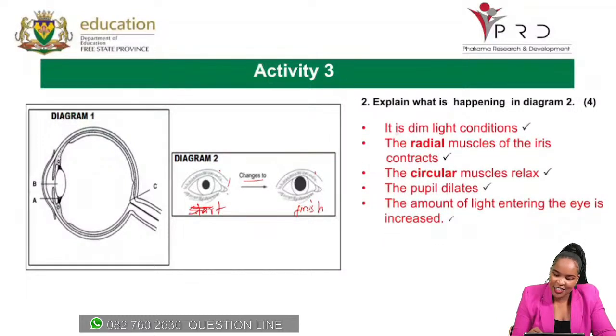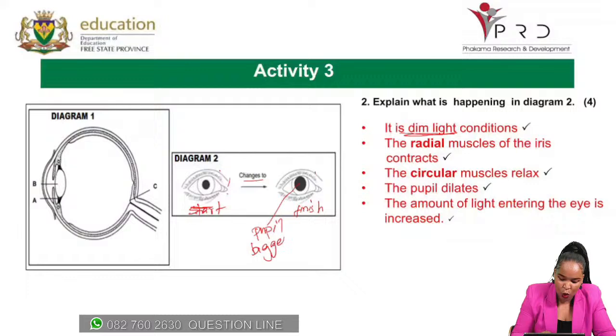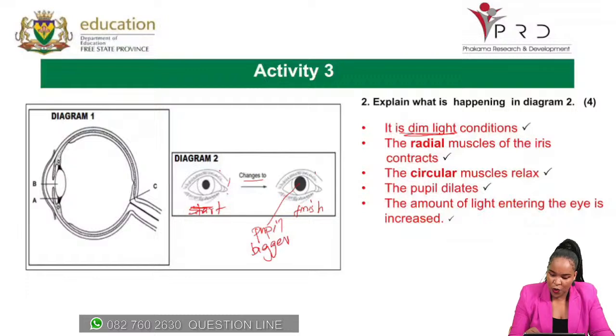This is in dim light, because you were given a clue by the size of the pupil. You see the pupil here is becoming bigger. So when the pupil is bigger, it tells you that this is in dim light or in a dark room. You must have mentioned that for you to get that 1 mark. So this is in dim light conditions.